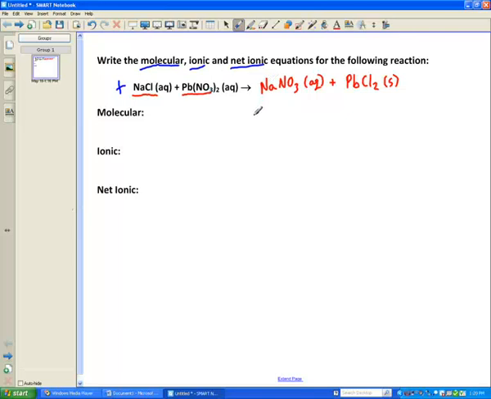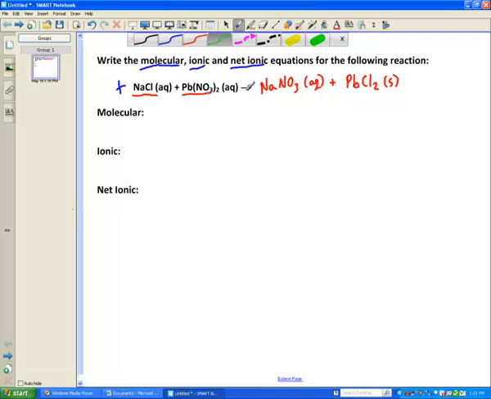So at this point you might be wondering, well, okay, is that my reaction now? I've got to figure out all this molecular, ionic and net ionic stuff, whatever that means. But there's actually one other thing that we need to do at this point. And I wonder if anybody can figure out what that other thing is. Well, of course, the fact is our equation isn't balanced.